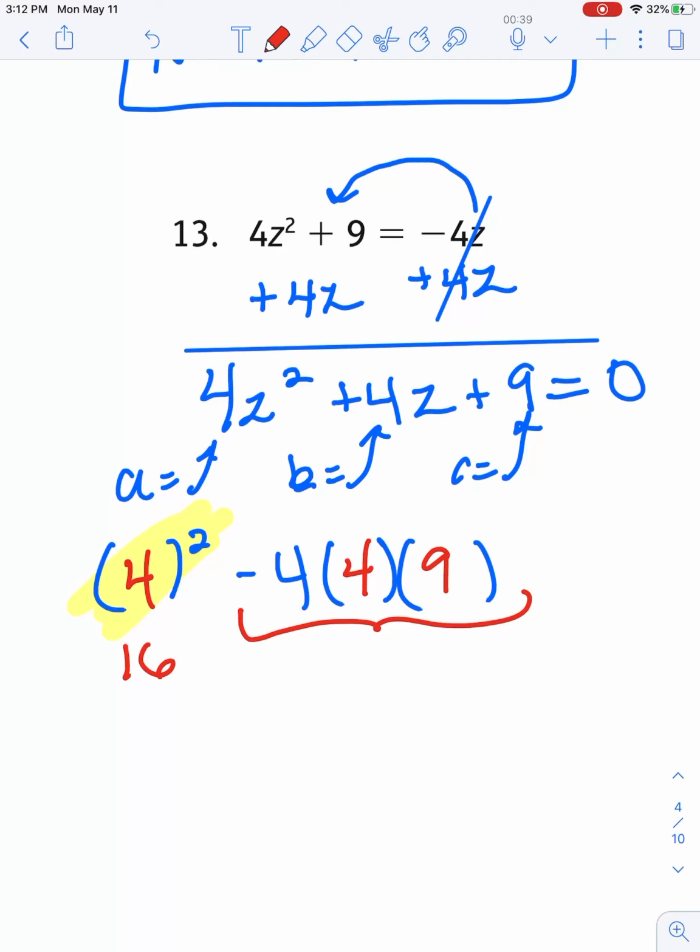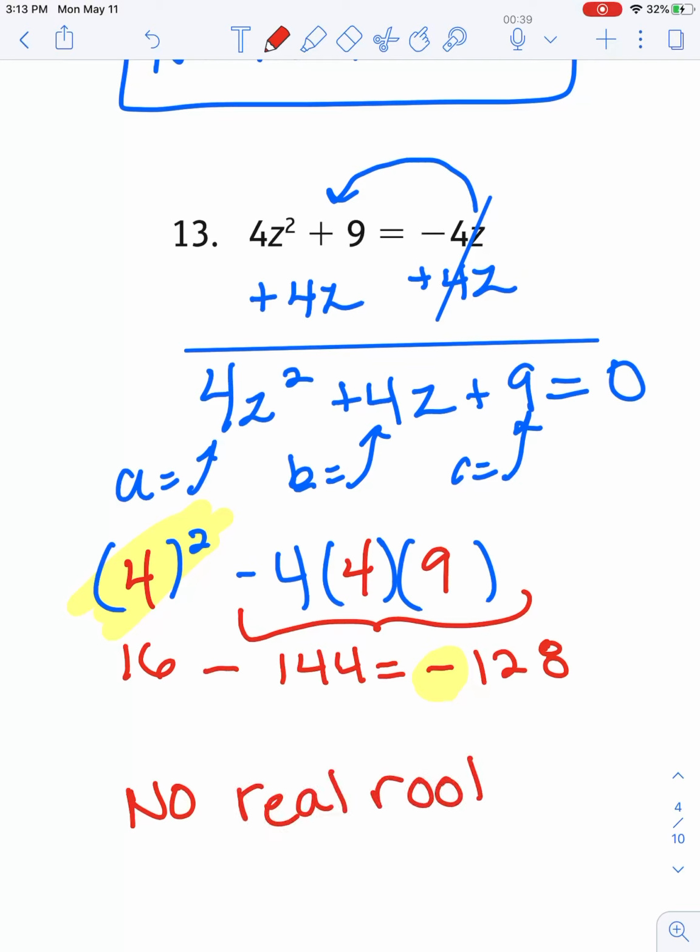And now, again, we only have one negative, so this is going to be negative. 4 times 4 is 16, and then 16 times 9 is 144. Now 16 minus 144 leaves us with a negative 128. Because the discriminant is negative, we know that no real roots exist.